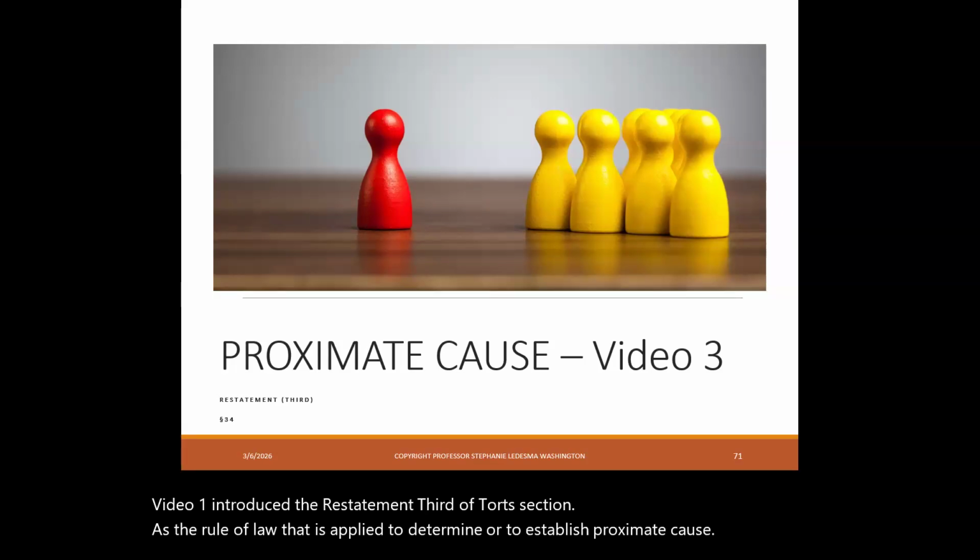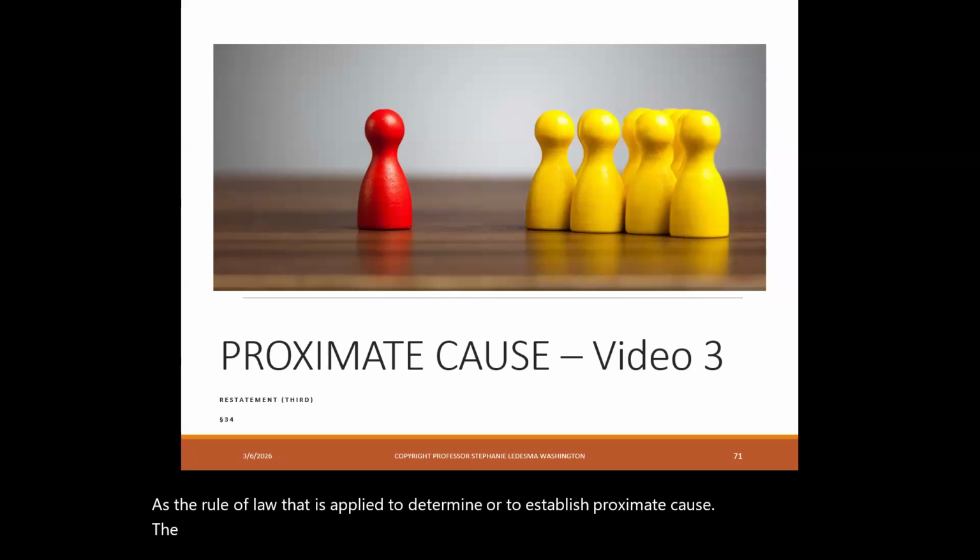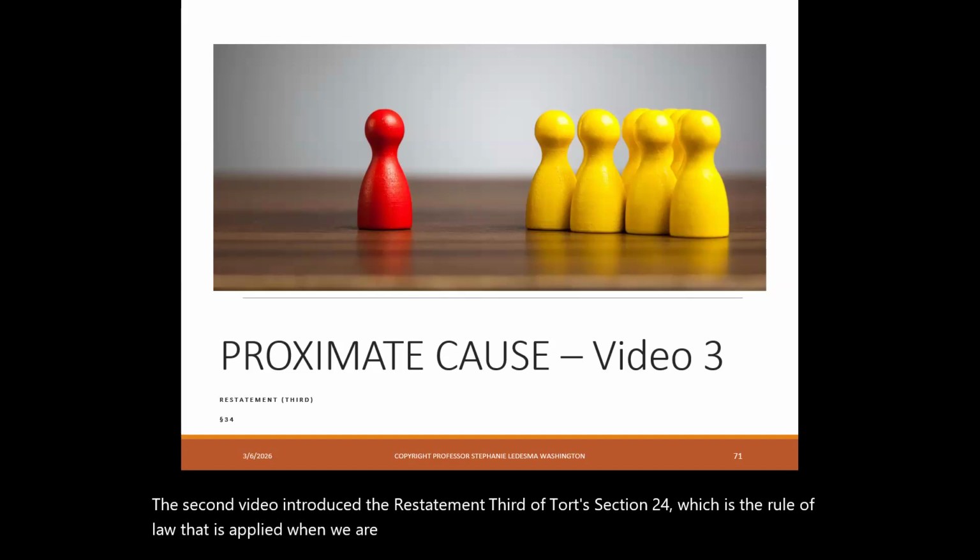The second video introduced the Restatement Third of Torts, section 24, which is the rule of law that is applied when we are trying to establish proximate cause when there is an intervening act.